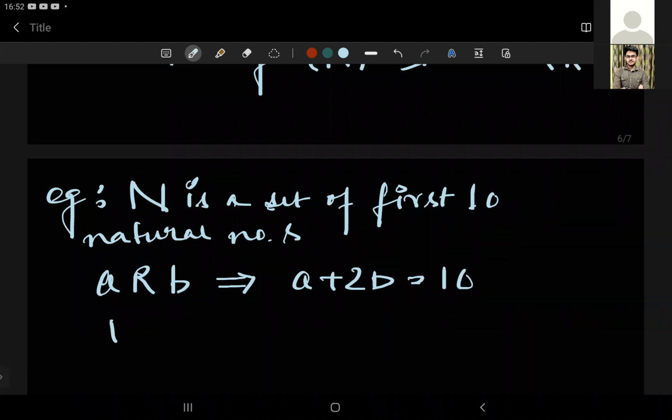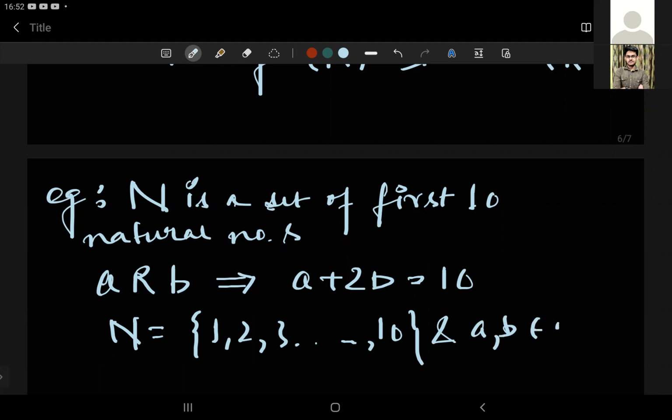And capital N is equal to 1, 2, 3 up to 10, and (a, b) belongs to N, right? So what is R? What are the elements in R? Can anyone tell me?